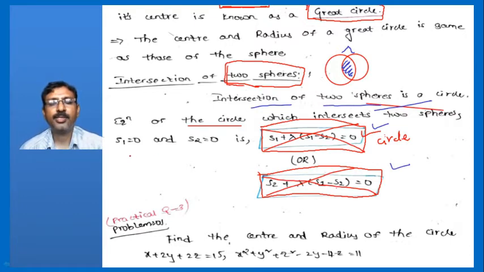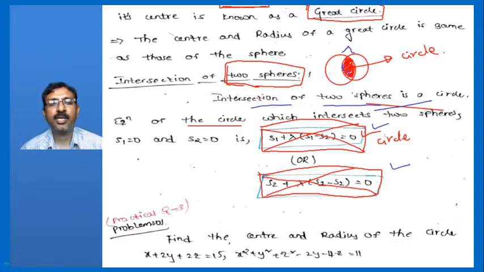Actually the formula is, so this is the circle, intersection of two spheres. Actually this is a circle, but it appears like an egg shape, but we take two spheres, and if we intersect two spheres, the common area, definitely this is a circle.